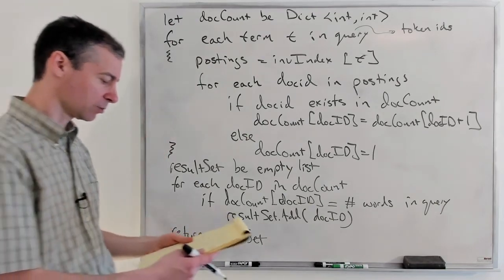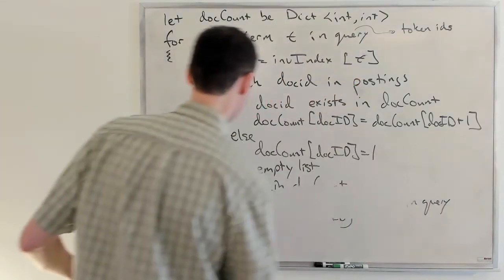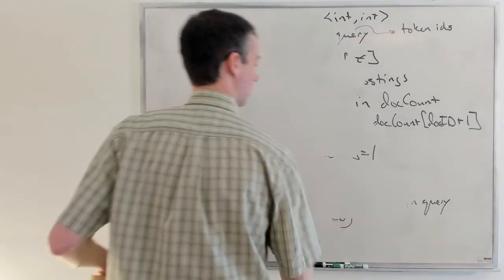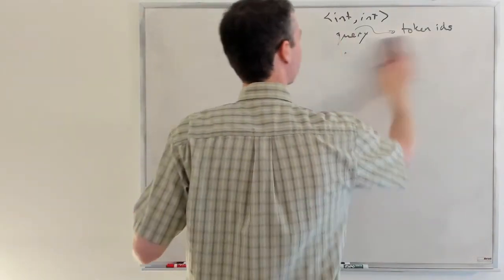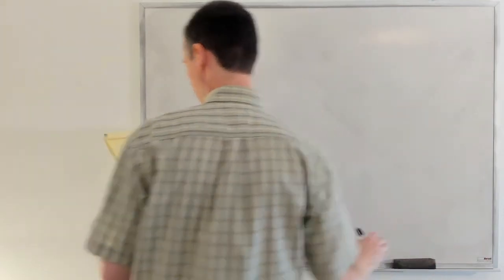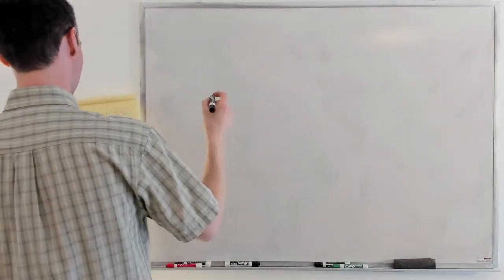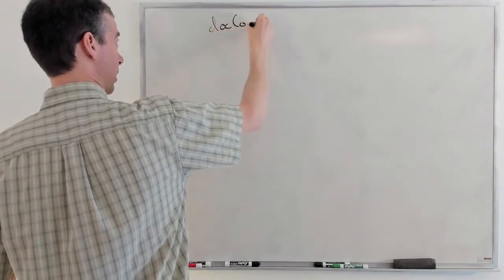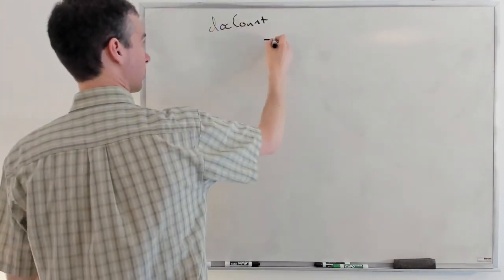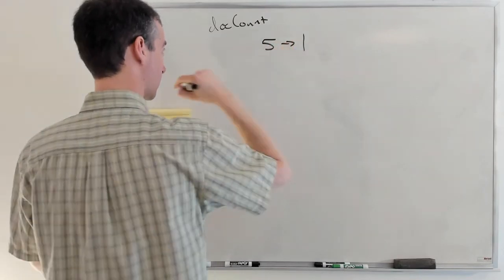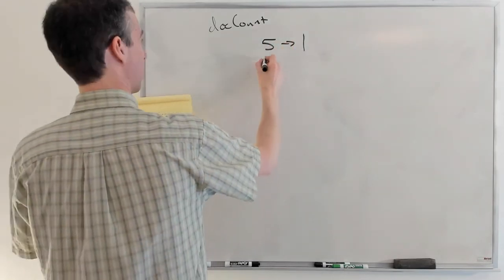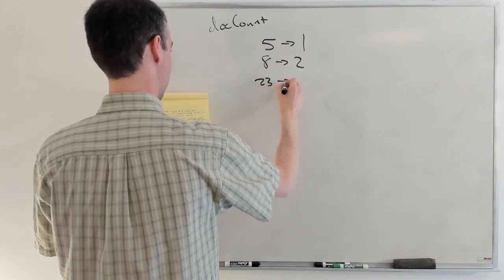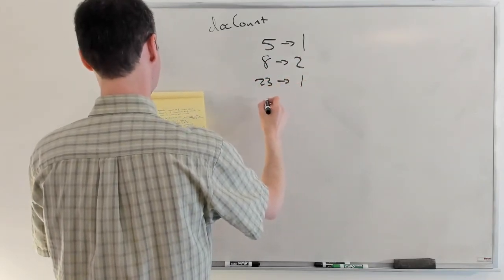How does it work? So the example that we had with the postings on the previous whiteboard, pretty simple. You're basically going to produce for our document count, we're going to see that document 5 goes to a count of 1. Document 8 goes to a count of 2. Document 23 goes to a count of 1.